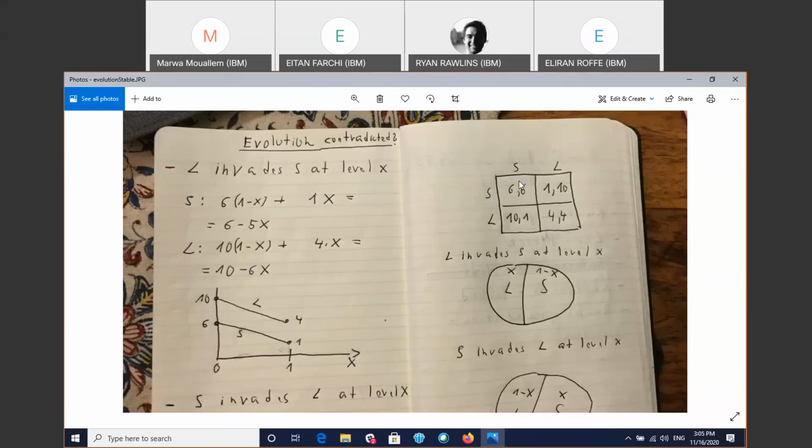So 6-6 is not a Nash equilibrium because player number 2 can deviate to L and it will gain from 6 to 10. It will gain 4. Okay? So the conditions of a Nash equilibrium for 6-6 are not met. So small is not a Nash equilibrium. Can you see what a Nash equilibrium is here in this game?